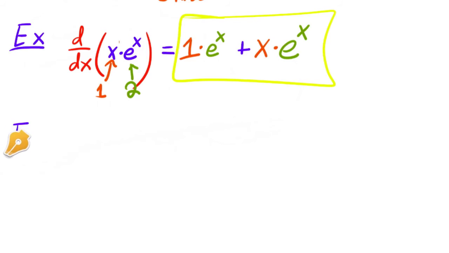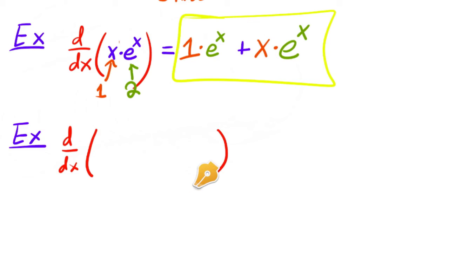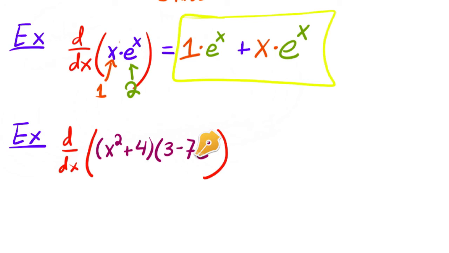So let's do another one. Let's say, for example, I want to find the derivative of x squared plus 4 times 3 minus 7e to the x.